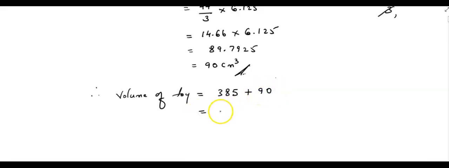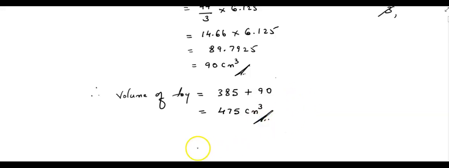Now we can say that therefore volume of toy is equals to how much? 385 plus 90, that is equals to how much? Can you tell me how much? 385 plus 90, that is 475 centimeter cube. This is the volume of the toy.